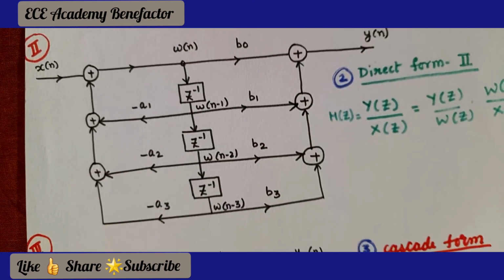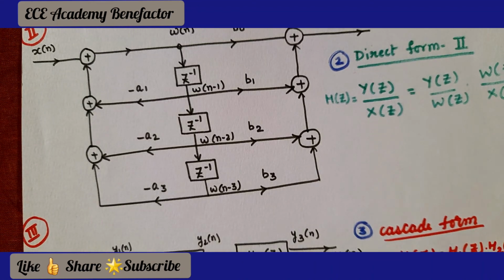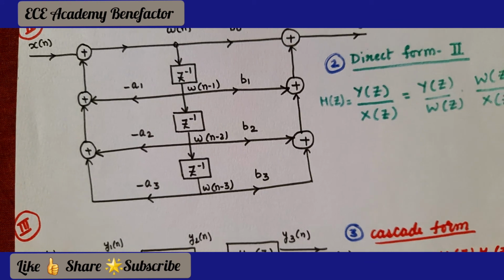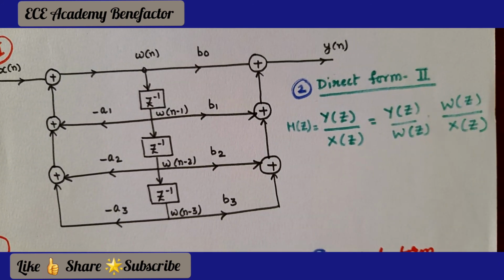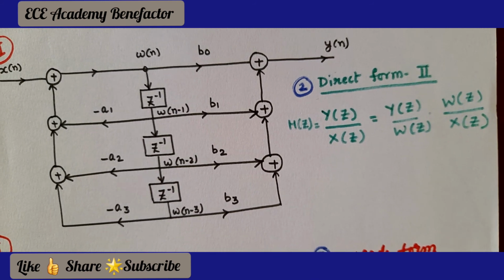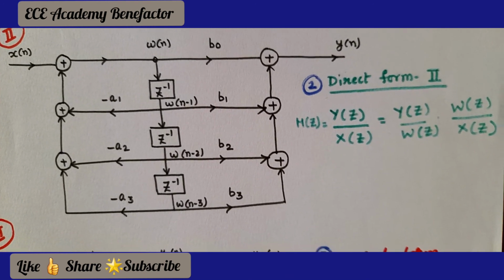Coming to direct form 2, the number of delay elements and adders are reduced. Here H of z is expressed as Y of z by X of z is equal to Y of z by W of z dot W of z by X of z. This is direct form 2.